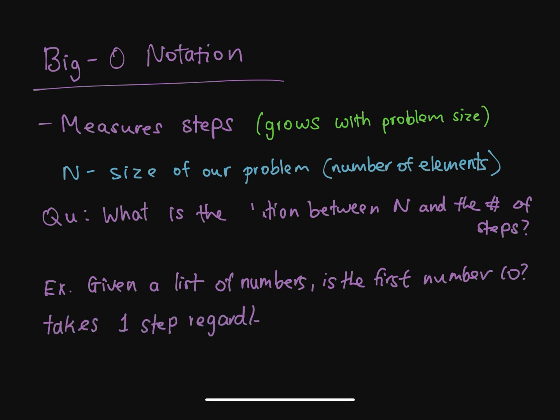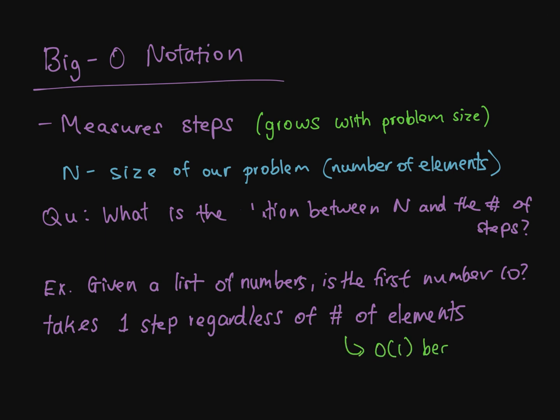Regardless of whether the list has 10 billion numbers or just 10, you'll always be able to tell me whether the first number is 10 with just one step. In computer science, we write this as O of 1, which is called constant time. It's the most efficient type of algorithm, but unfortunately, most real-world problems can't be solved this easily.